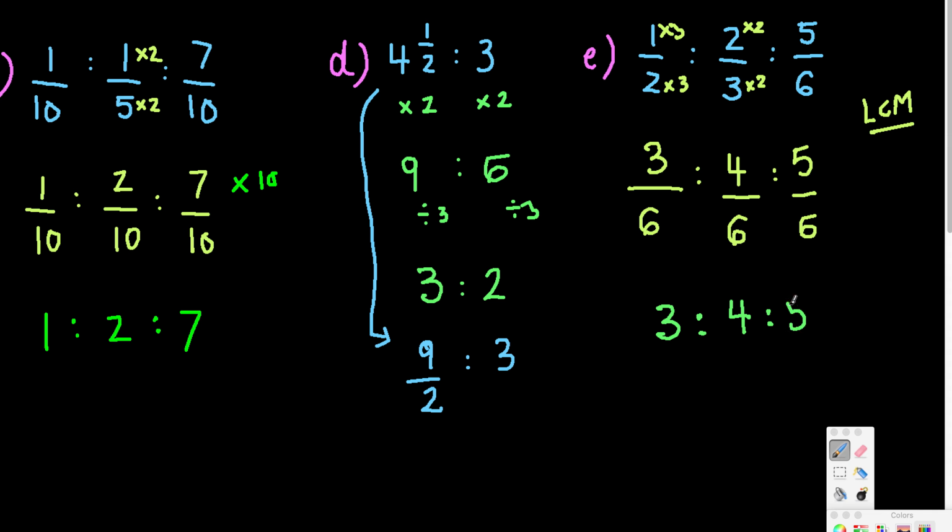In other words, I have multiplied all 3 of these fractions by 6, which has eliminated this from the denominator. But like I said before, once you recognize you have the same denominator, the numerators will form your ratio.